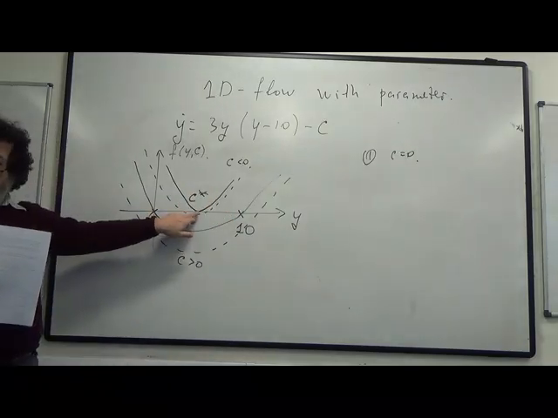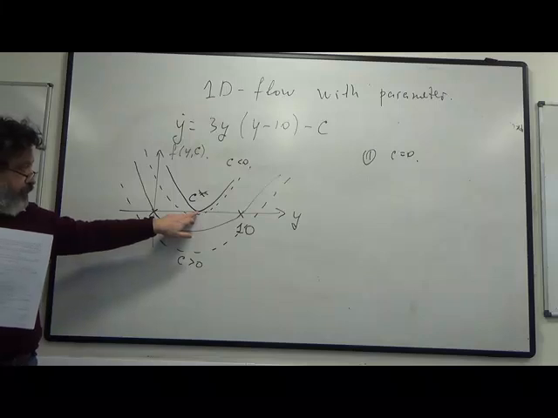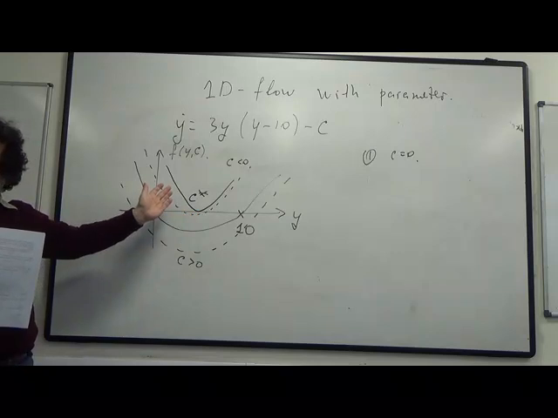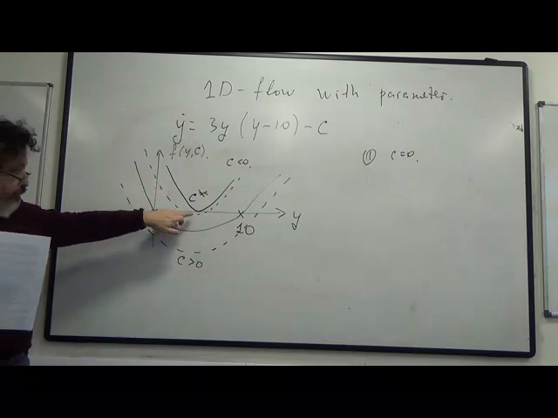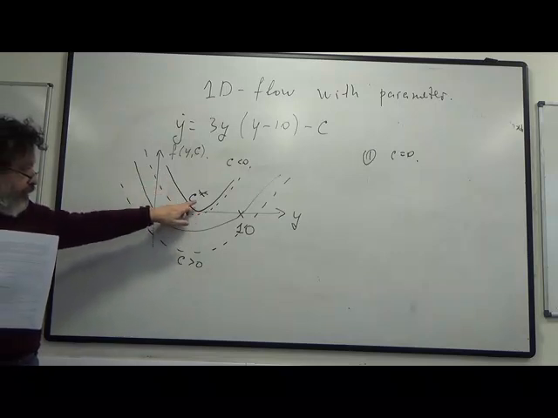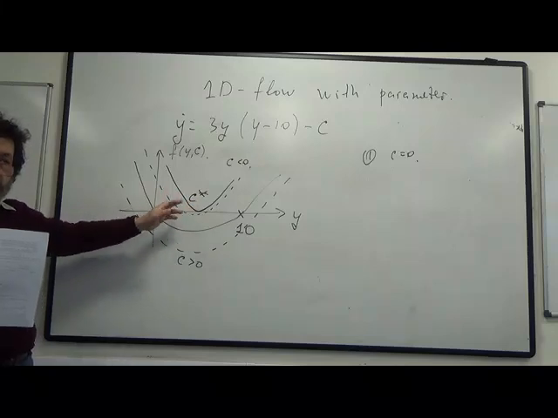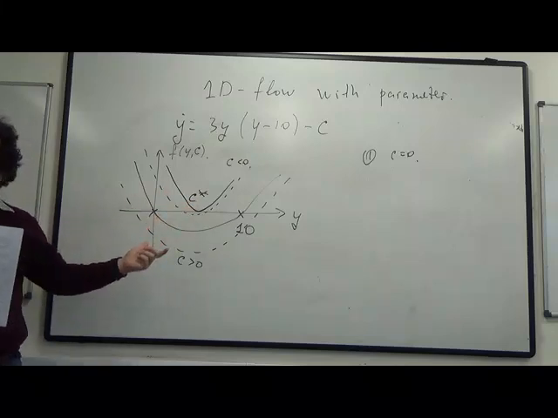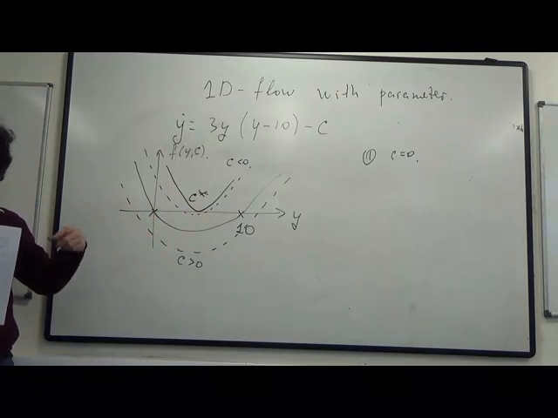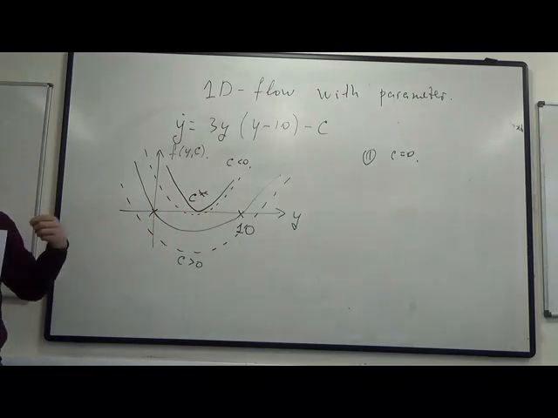If c is further decreasing, we will have no fixed points. So if c is less than c star, we will have no fixed points. If more than c star, we will have two fixed points. So this is the place where the number of fixed points changes, and this is a bifurcation.